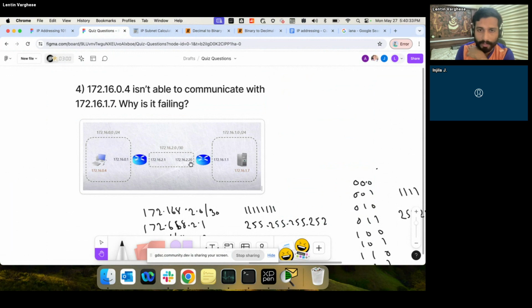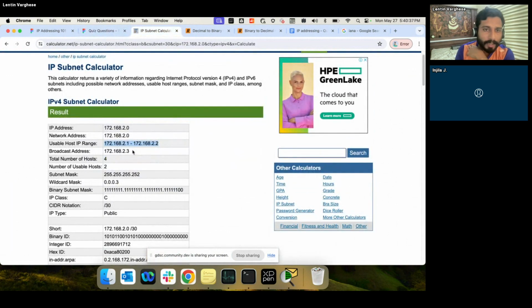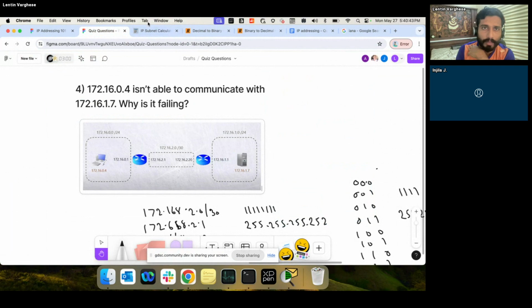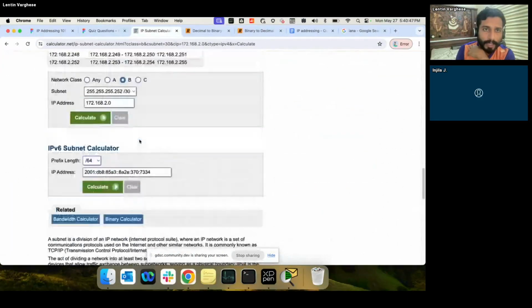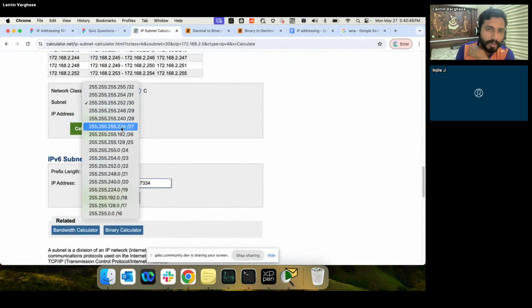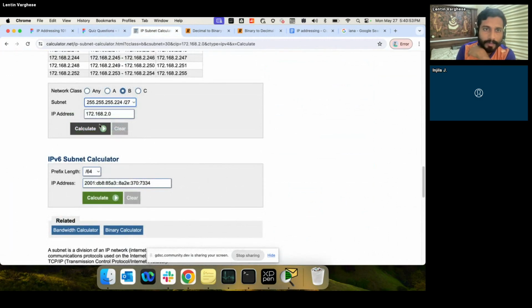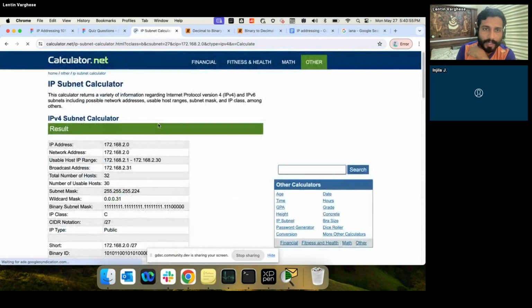That was the problem. Now we wanted to increase the range of usable IPs so that 2.1 can communicate with 2.20. How did we do that? We reduced the CIDR value. We used 27.